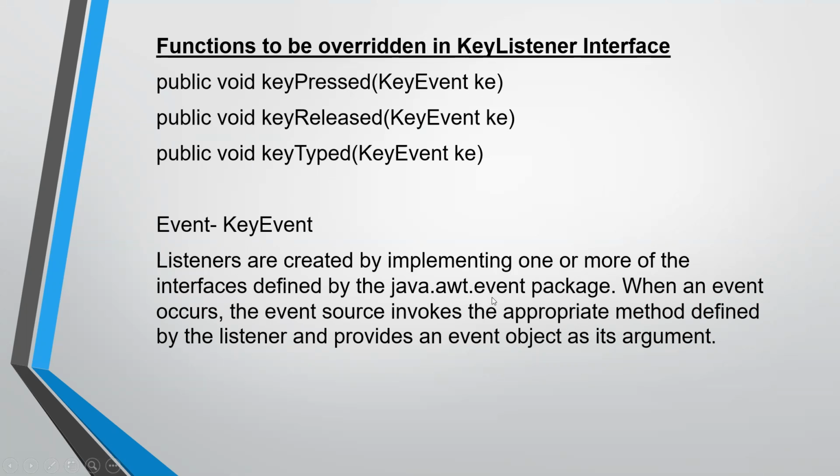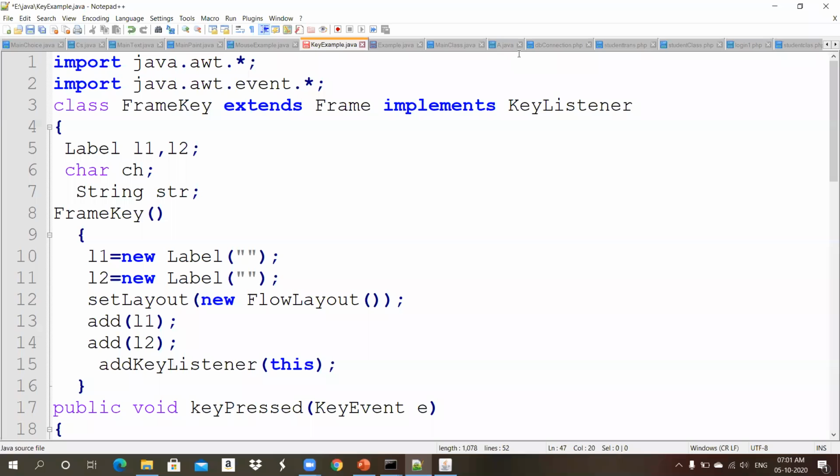The awt.event subpackage contains all event handling, listeners, etc. When an event occurs, the event source invokes the appropriate method defined by the listener and provides an event object as its argument.